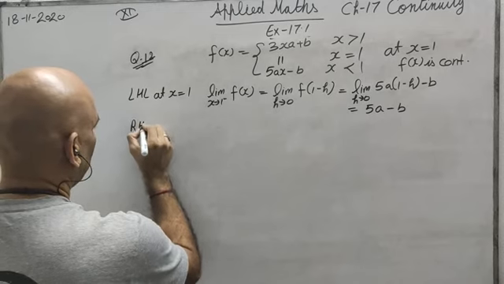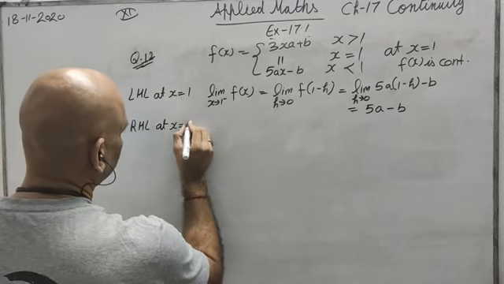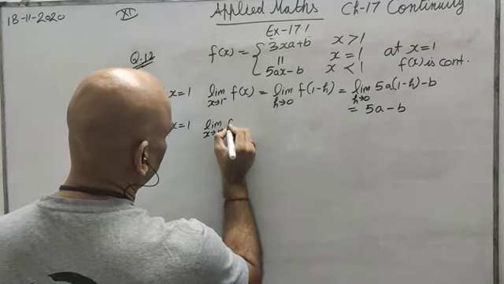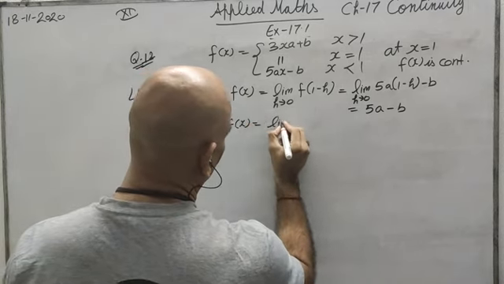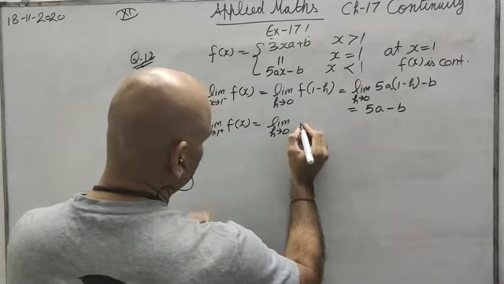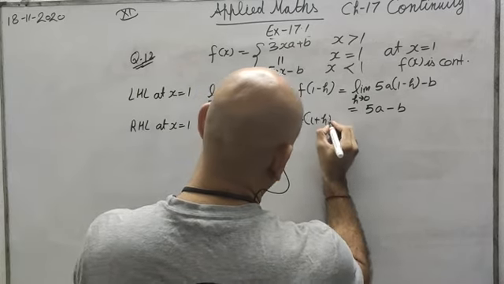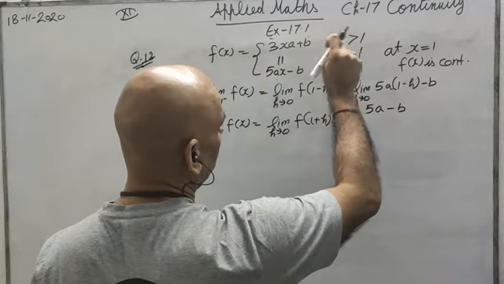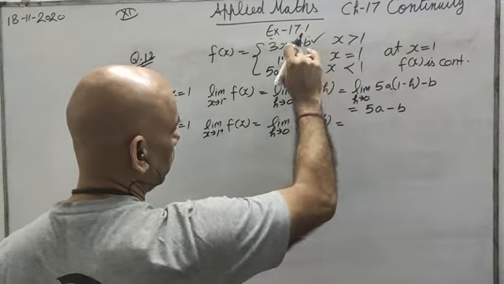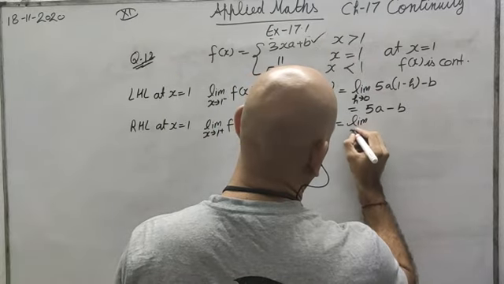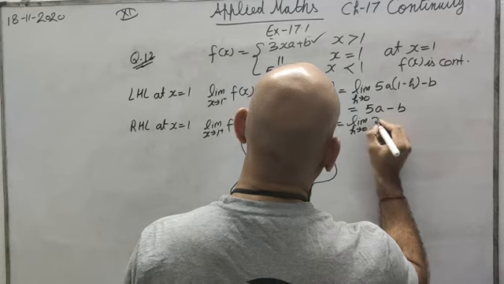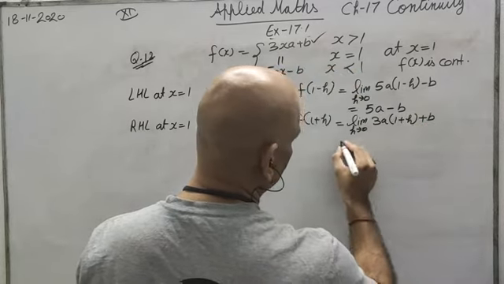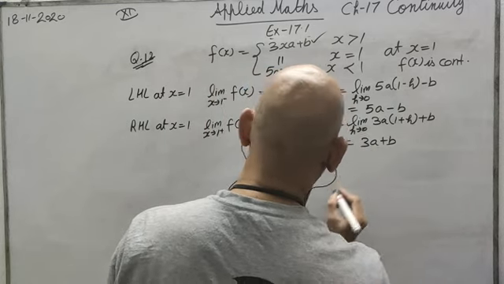Similarly, I am going to calculate RHL at x equals 1. So limit x tends to 1 positive, that is limit h tends to 0, f(1 plus h). Now 1 plus h means the value of x is more than 1, so I will take this value of the function. So limit h tends to 0, 3a(1 plus h) plus b. If h is 0, I got the value as 3a plus b.